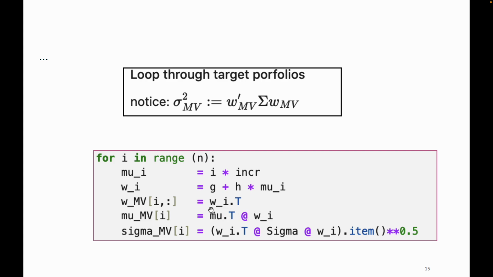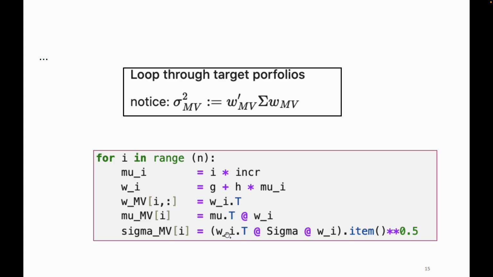So therefore, I'm now computing the expected return of my portfolio Wi, and I assign that to be stored in here. And for the volatility, you see, it's a little sigma. Although I said variance, it's the volatility. Here's how I compute the volatility. I first compute the variance of portfolio W.